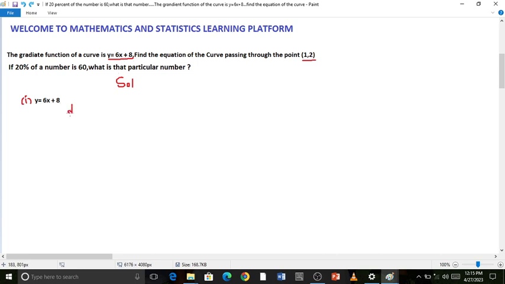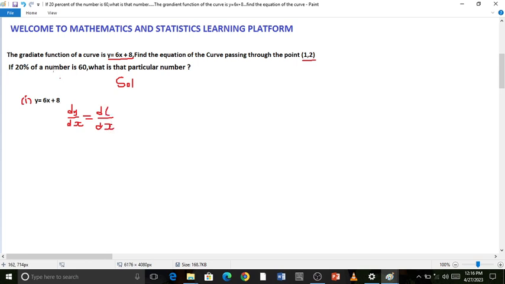We need to find the derivative of this function with respect to x, so we have dy over dx. We want to differentiate the function y with respect to x.